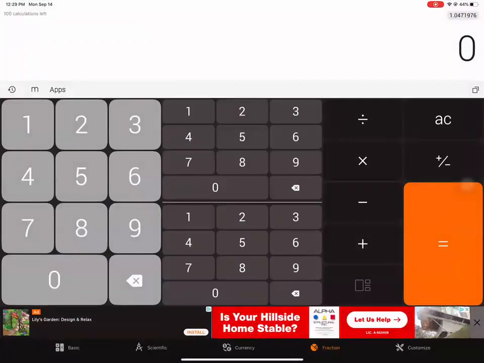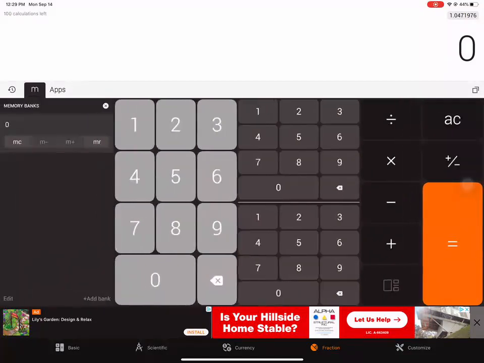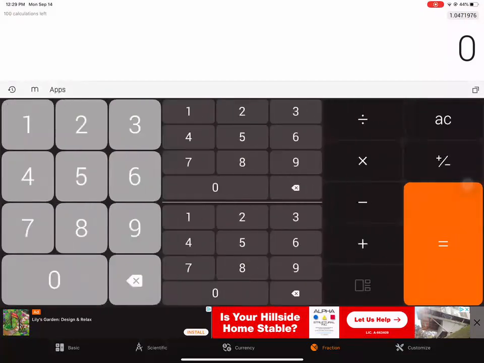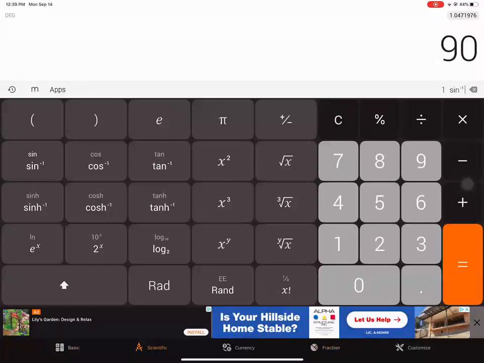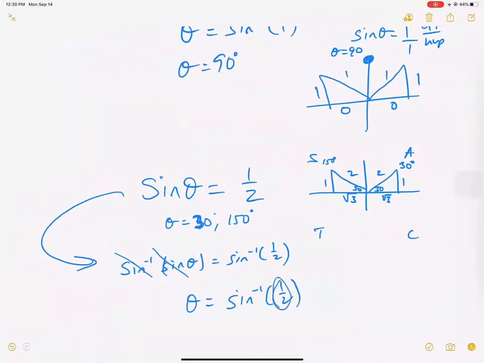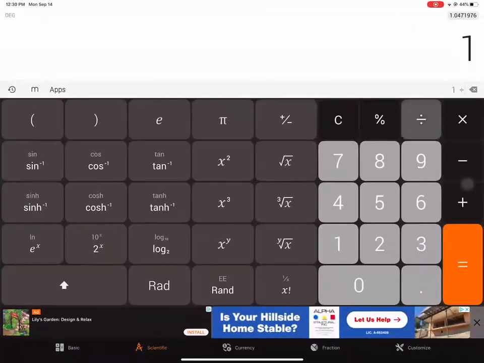So I'm going to scientific calculator. We're going to take the sine inverse of 1/2, okay? 1 divided by 2 equals, please write equals, you always have the equals.